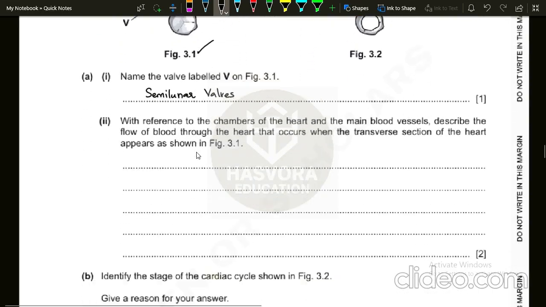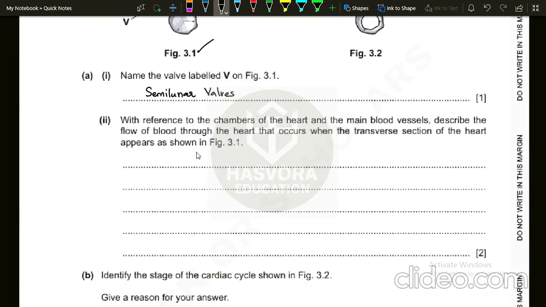This means there will be a flow of blood from the atria to the ventricles, and from the vena cava into the atria, but there will be no flow of blood from the ventricles to the aorta, or from the ventricle to the pulmonary artery.